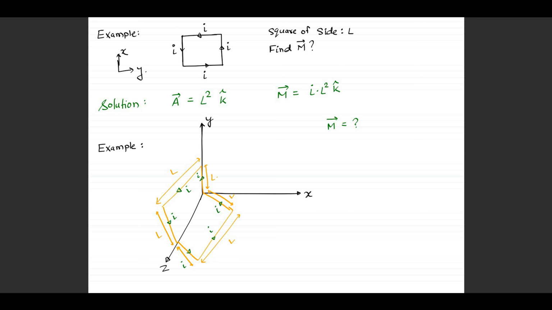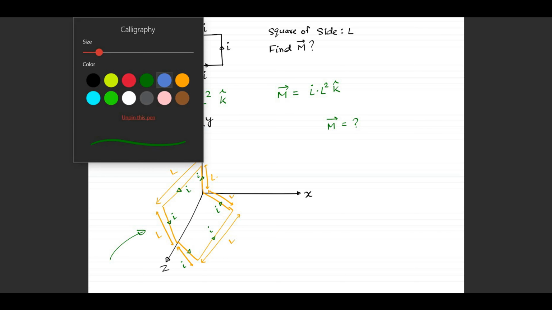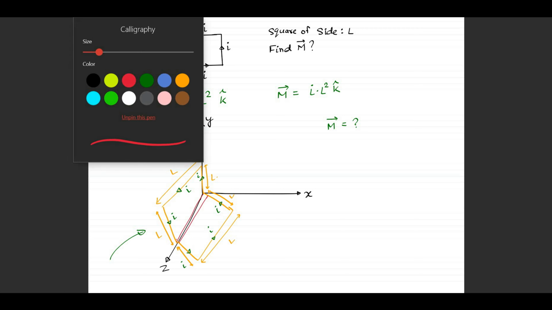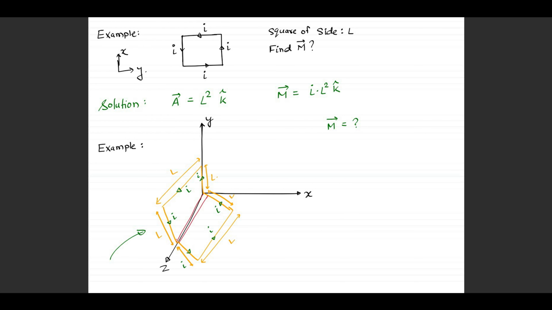Okay, the question then here says there is a loop as shown in the figure. I have to find out the magnetic moment of this loop. Can I say this loop can be imagined to be made up of two loops here, one carrying current in this direction, another in this direction.